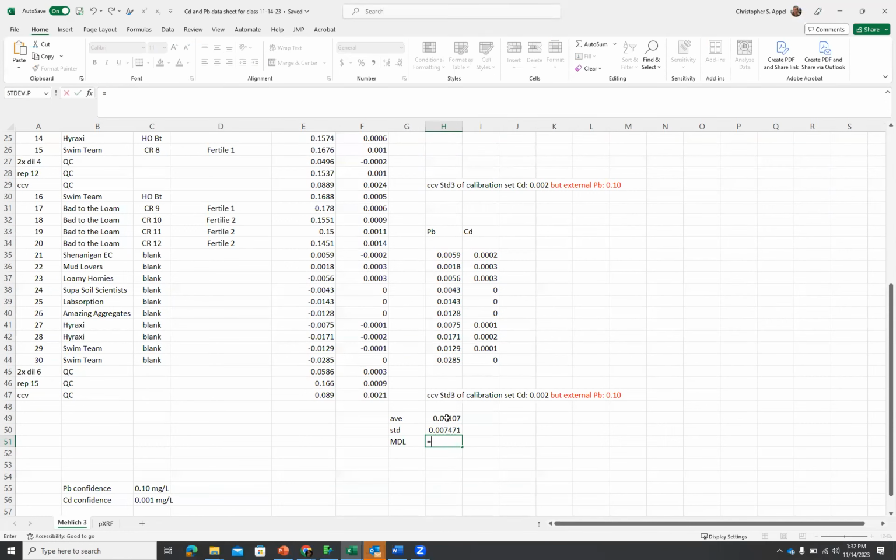The method detection limit is the average or the mean plus parenthesis standard deviation times the student t-test value, which is 2.821.